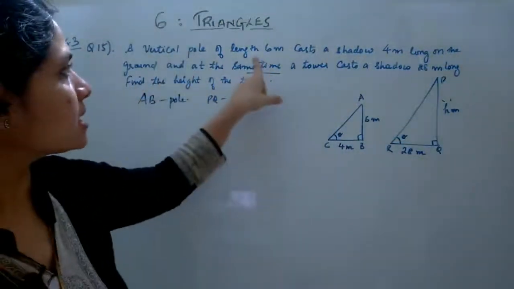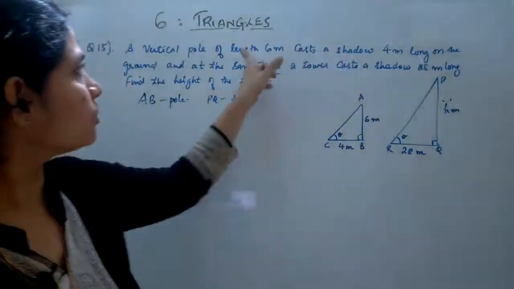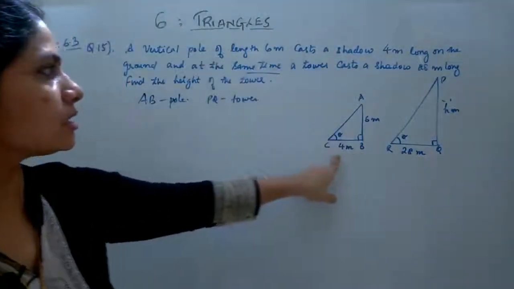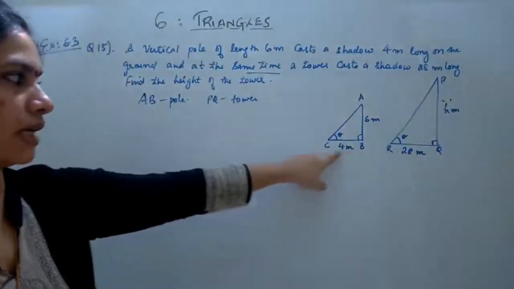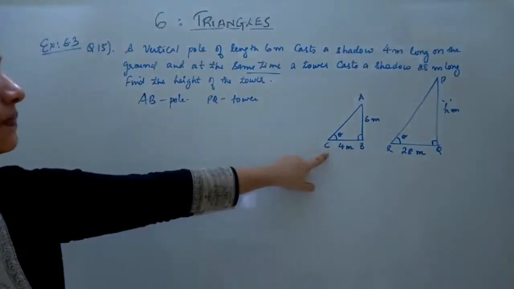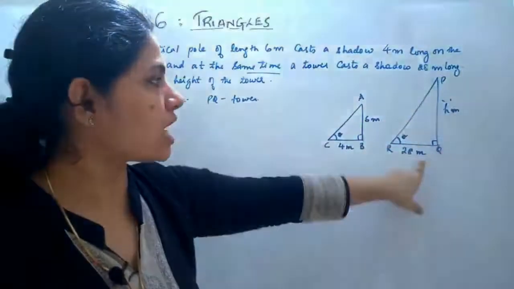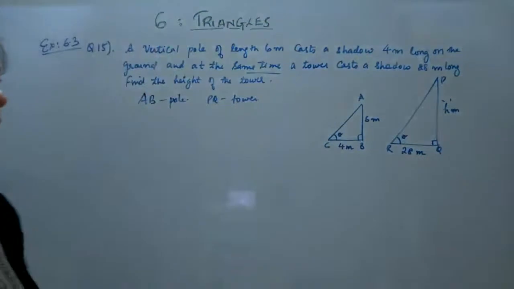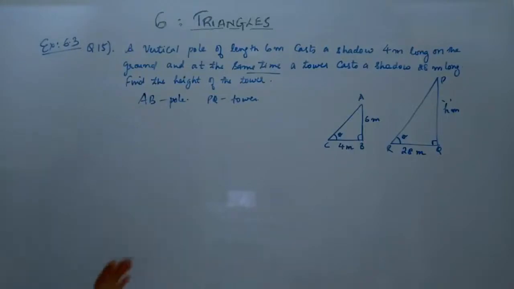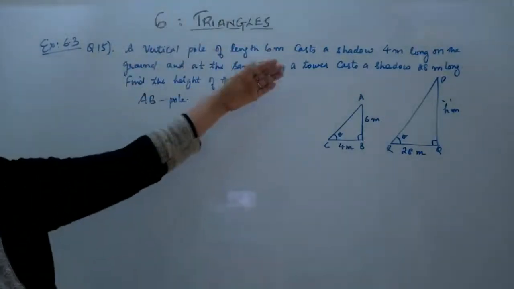They say the shadow of the vertical pole is 4, so we have taken BC as 4, and the tower casts a shadow of 28 meters, which has been taken as QR. The concept we should know is the angle of the sun.